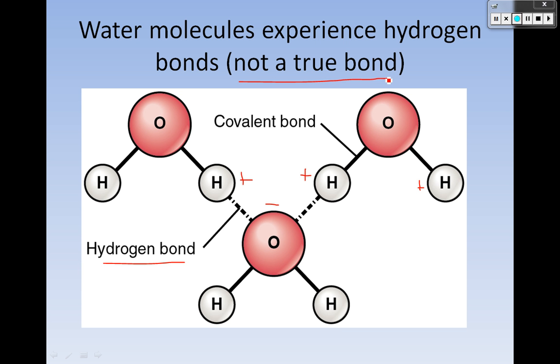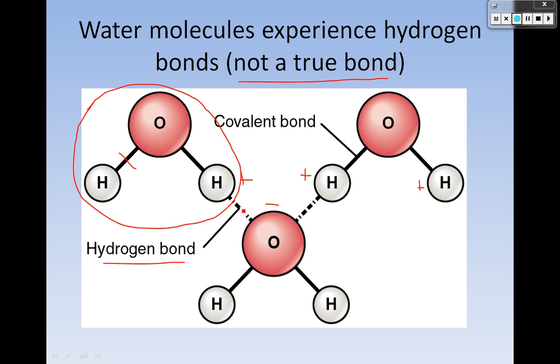So hydrogen bonds are not bonds, which is why if you boil water, it turns to steam, you get individual water molecules. In steam, you'll get one water molecule, but it's still the hydrogen bonded to the oxygen. You haven't actually broken that bond. What you've done is you've overcome the force of the hydrogen bond.